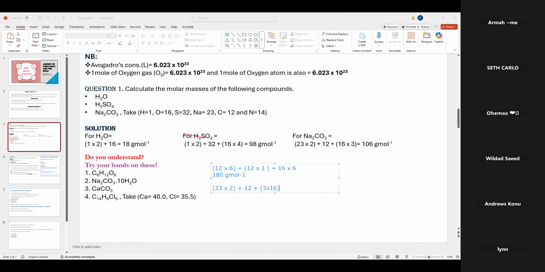So let's ignore the 10 for now. Let's just put plus 10 and leave the 10, but find the molar mass of water.